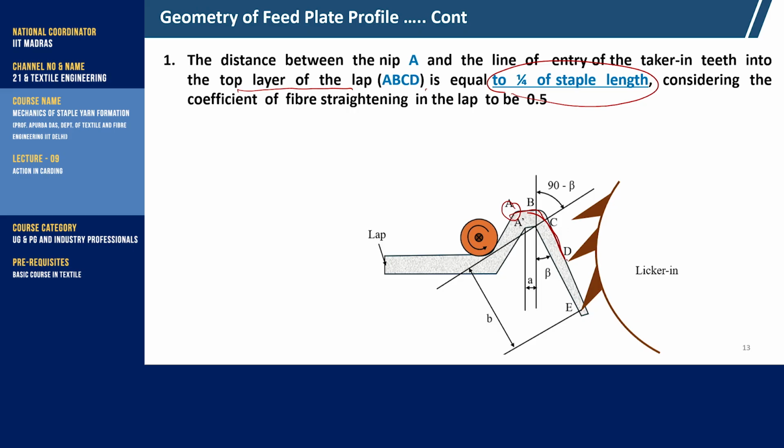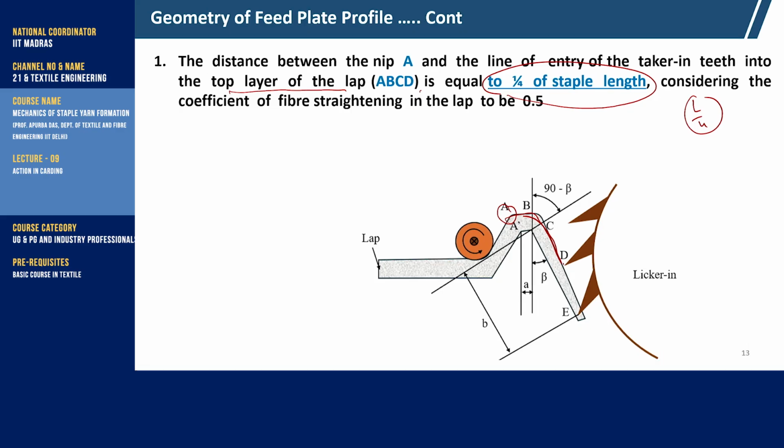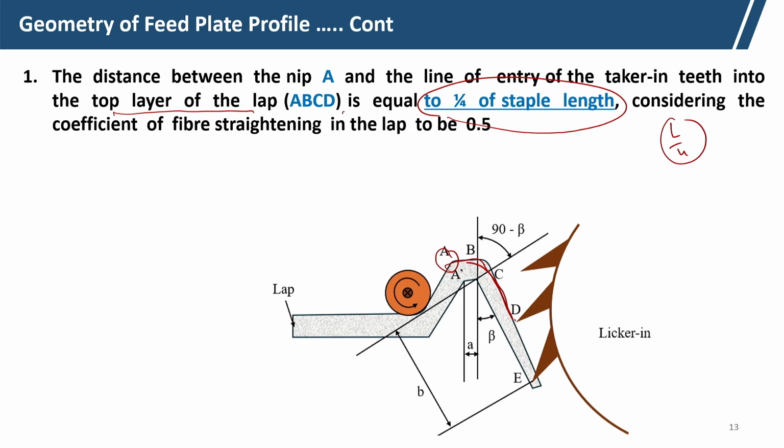So, it is L by 4, that is the relationship. As the staple length L is more, we try to keep the setting more. So, here it is 1/4 of the staple length.